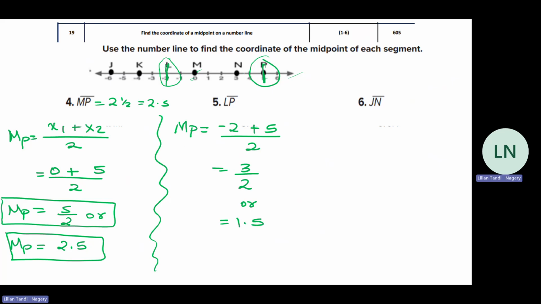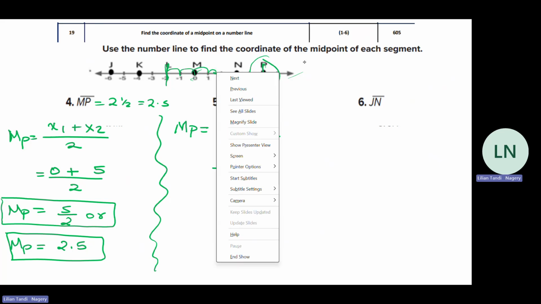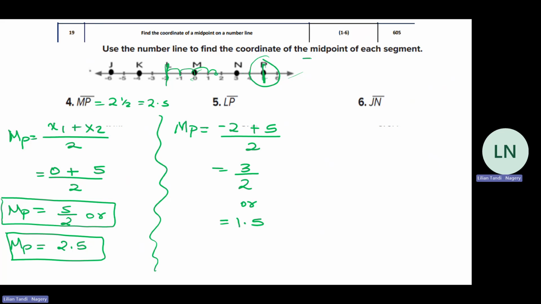Yeah, because this is too close to there. Oh, I should count 3 spaces. Yes. So 1, 2, 3.5. Yes. Okay. So yes, 7 spaces divided by 2 is 3.5 spaces.